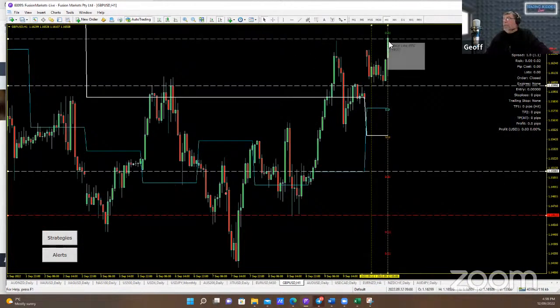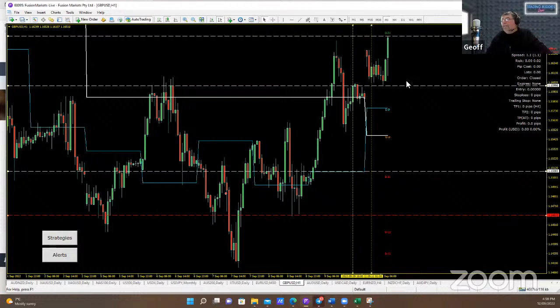If this closes above there, I'll move that to the high of this bar, and then we'll establish a midway point. Let me put it on the high at the moment. The low of the range is 116.00.